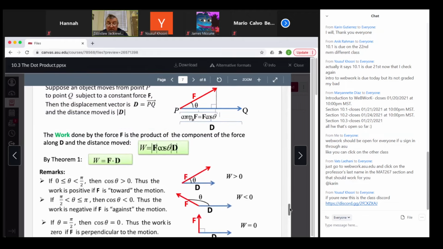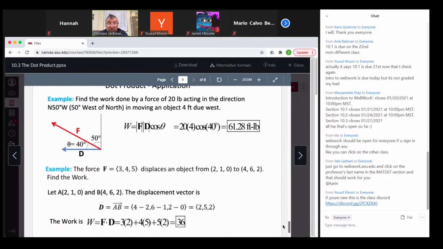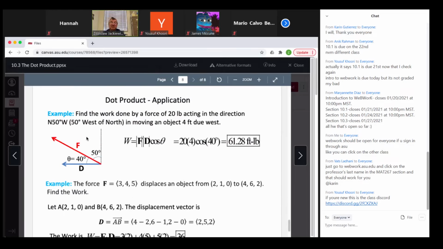So I think there is one problem, let's see. I think that's the last slide here. So find the work done by a force of 20 pounds. So we are using American system, yeah, 20 pounds.